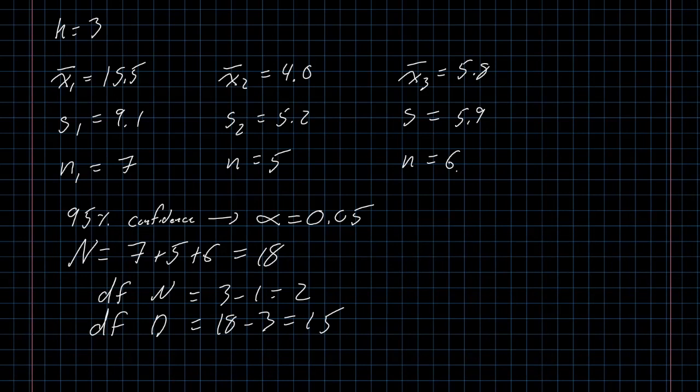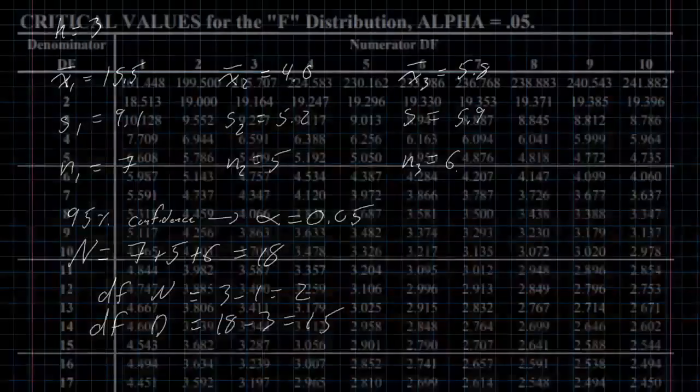A lot of variables here. Again, remember that little n1, little n2, little n3 is the size of the individual samples. K is the number of samples, and big N is the total of the sizes of all of the samples. We can use those to find the degrees of freedom for the numerator and for the denominator separately.